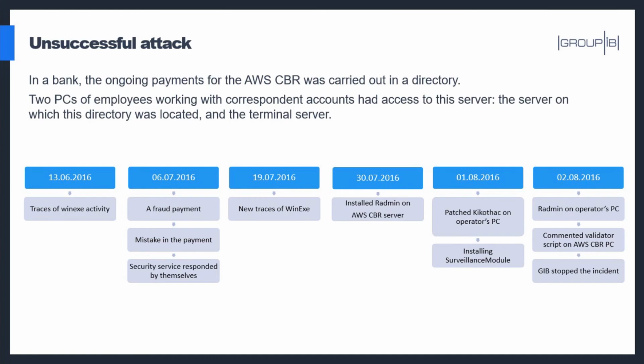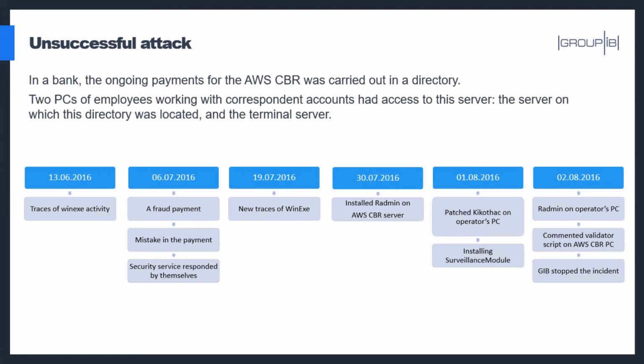The first attack known to us made by Silence happened in 2016. This incident happened in a Russian bank not later than June 13, 2016. Traces of the use of the WinXC utility appeared.